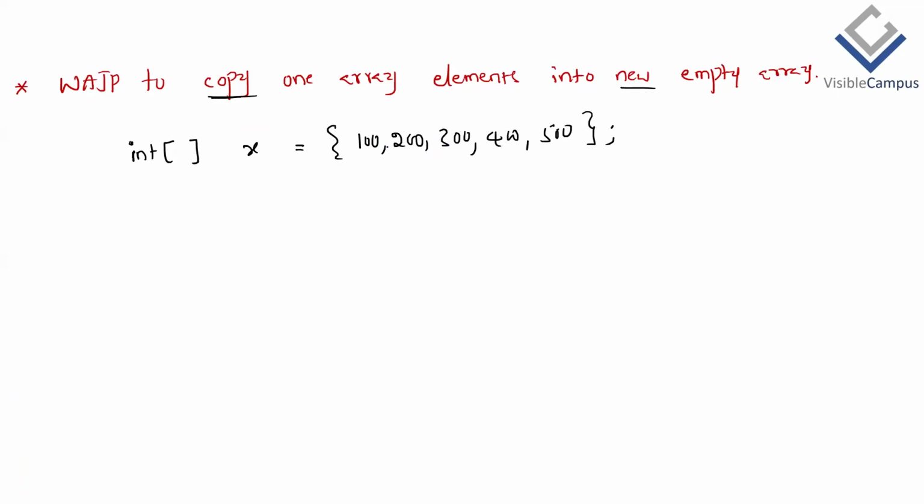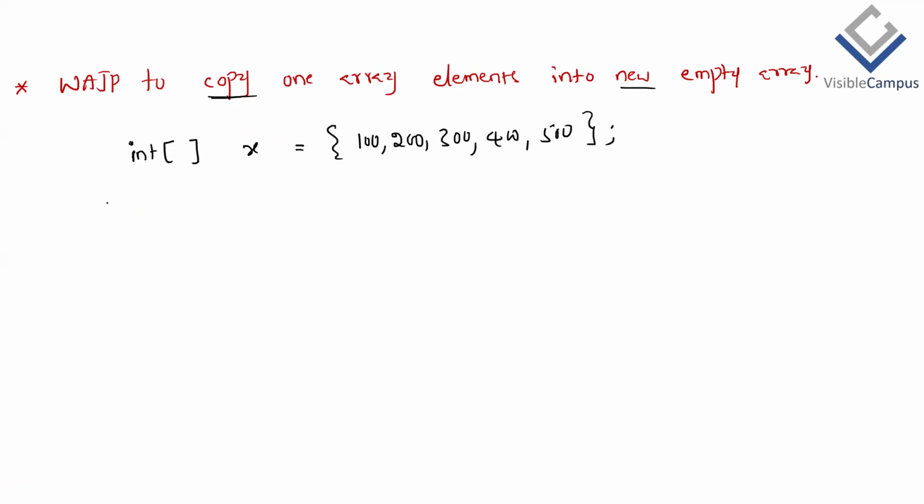Same, sir. Why should it be more than this? If it is more, then one extra element will be there. What is that extra element when we are copying? That is not there in this array while copying. Therefore, it should be precisely the same size as the existing array.